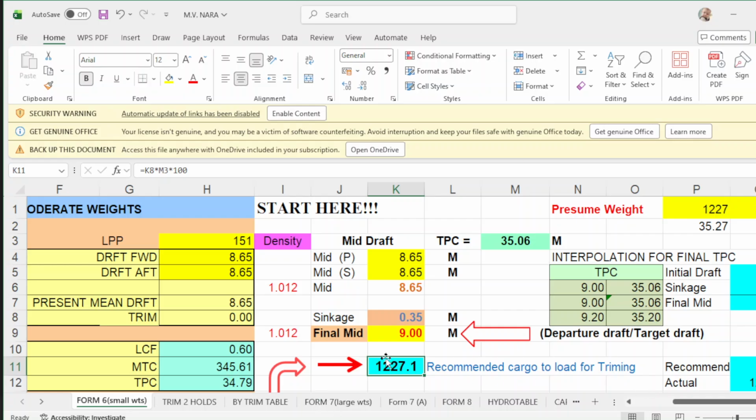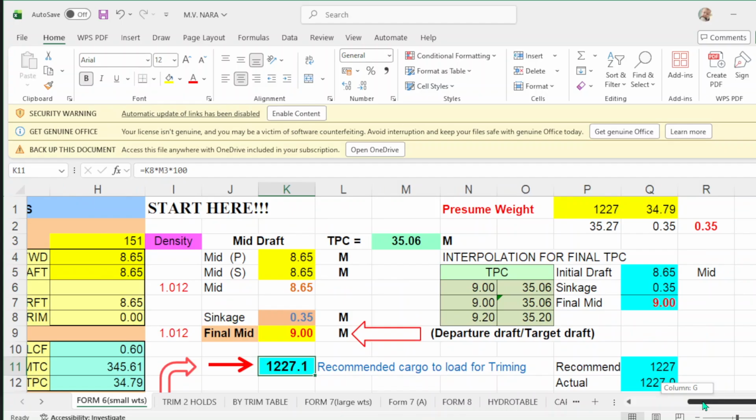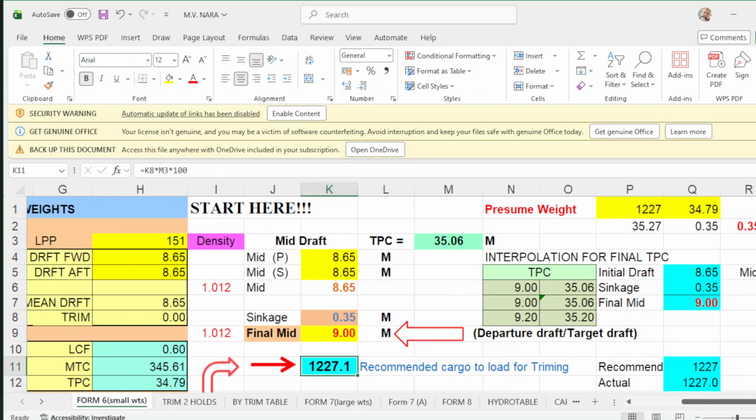Okay? Now, the other way of getting the sinkage of 0.35, so you put here your present weight of 1227, which is this one, divide it with your initial TPC from your mid drop of 8.65, which is 34.79.